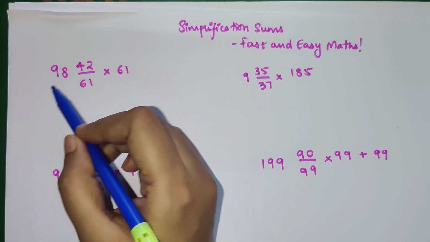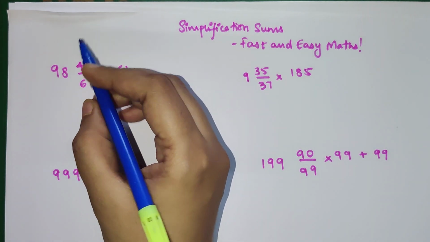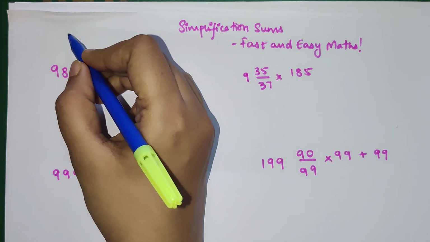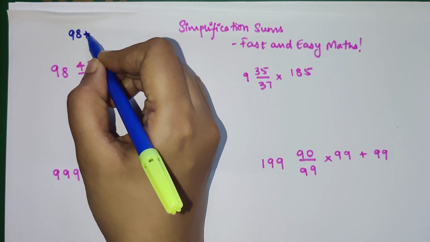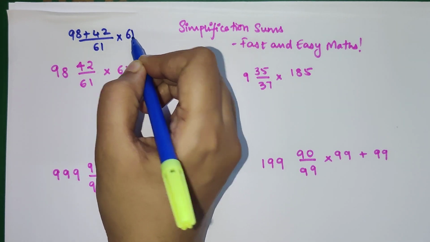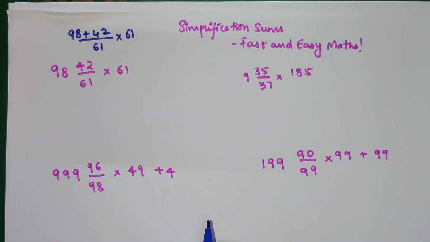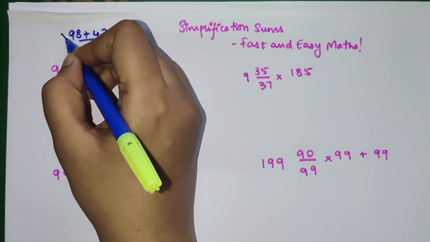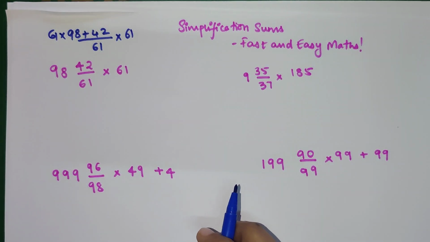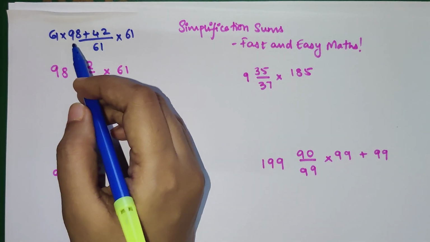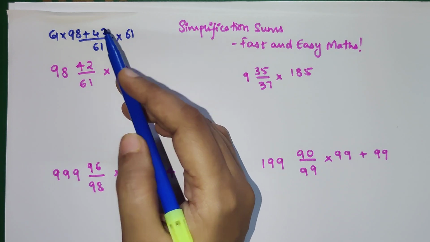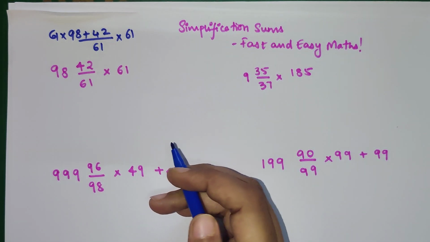Here you have a mixed fraction. So what you do in that case is you first convert it into an improper fraction, that is 98 plus 42 upon 61 into 61. So now 98 into 61 plus 42 into 61, correct? In this case, you first convert it into an improper fraction and then do the rest of your operations.